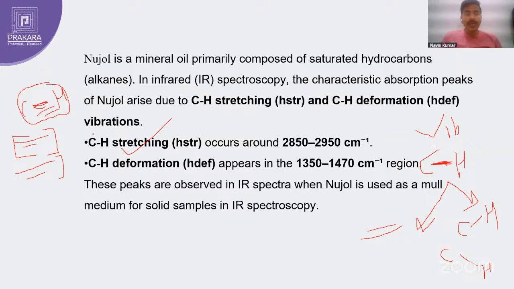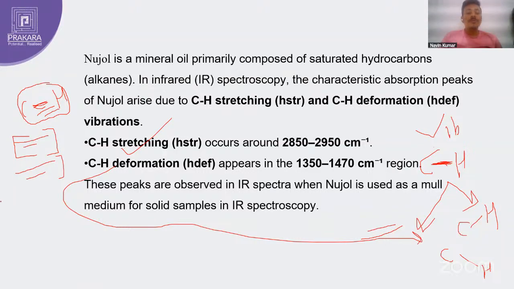This is known as deformation, and deformation is also known as bending. So remember, there are two major kinds of vibration in IR spectroscopy. The first one is stretching, and the second one is bending, also known as deformation, and it's generally denoted by DF.